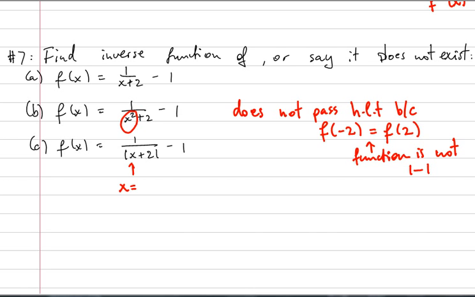So I want an x1 and x2 such that the absolute value of x1 plus 2 is equal to the absolute value of x2 plus 2.